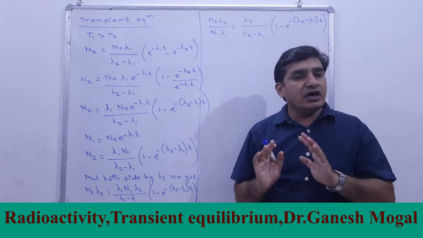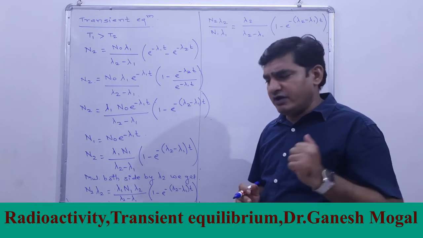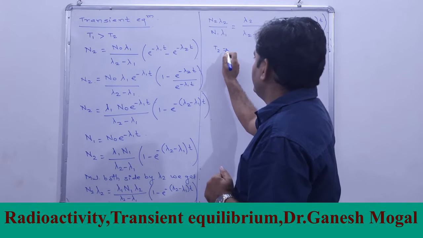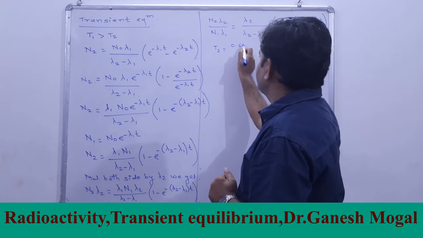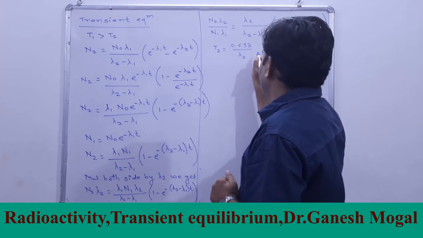We know that the half-life of a radioactive nucleus for a daughter, that is T2, is 0.693 divided by lambda 2.